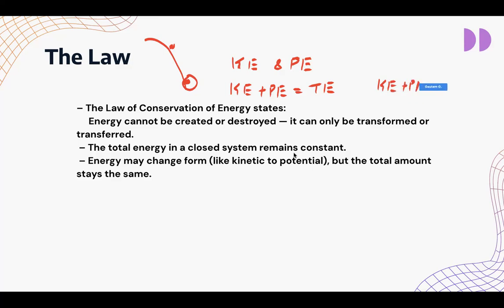We already defined this. Let's put sub one. The one just means at the first spot. The kinetic energy and potential energy at the first spot will always equal the kinetic energy plus the potential energy at the second spot. This is always going to be true, right?